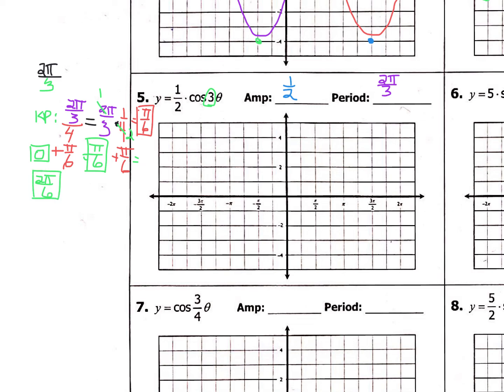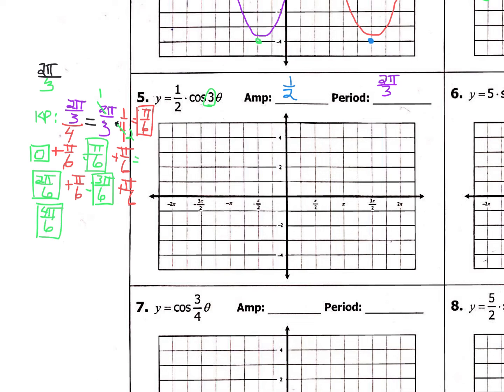And I'm going to add another pi over 6, and that will give us 3 pi over 6, which is, of course, a half a pi. That gives me 4, and I need one more. So plus pi over 6, and then that is going to equal 4 pi over 6.